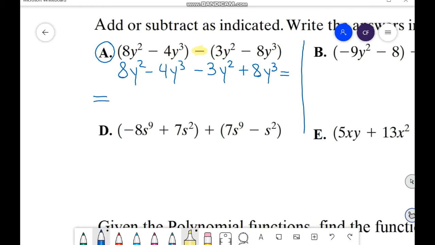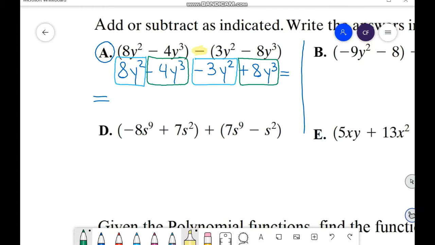And the next step is combining like terms. You can combine the terms that have y squared, and we can combine the y cubed terms as well. The first term is the one with the highest degree, so it's going to be the one with the y cubed.